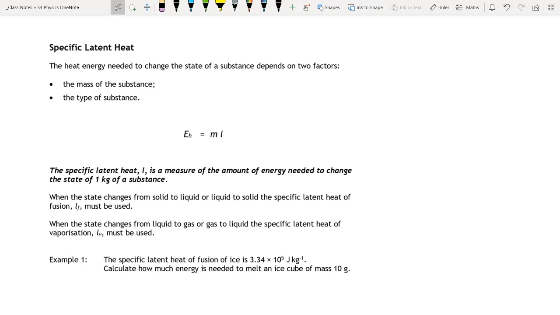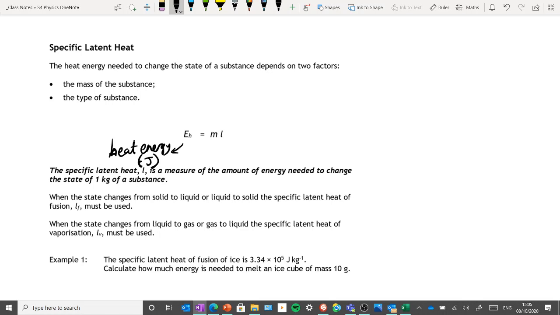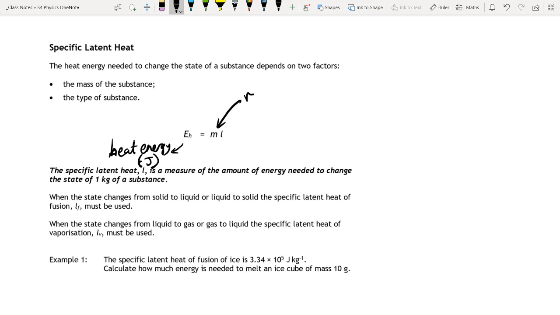So the equation for this is EH equals ml. EH is the energy, the heat energy, and that's in joules, of course. M is the mass, which is in kilograms.